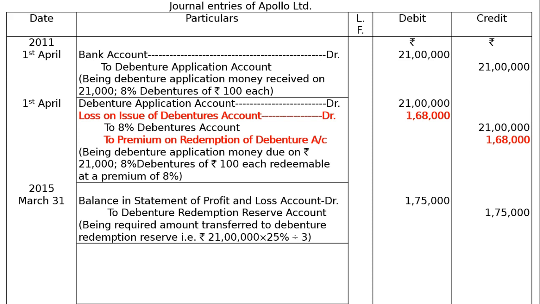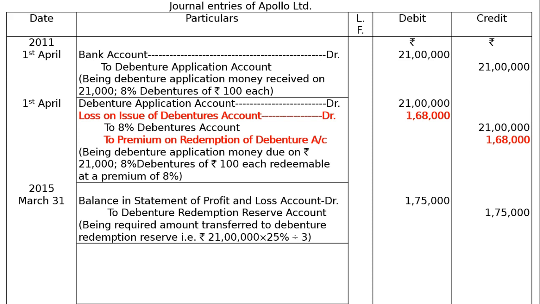Hence on 31st March 2015, balance in statement of profit and loss, or surplus, debited to debenture redemption reserve account, being required amount transferred to debenture redemption reserve, that is rupees 21 lakhs, its 25% is the required amount, and in 3 equal installments, divided by 3, rupees 1,75,000.